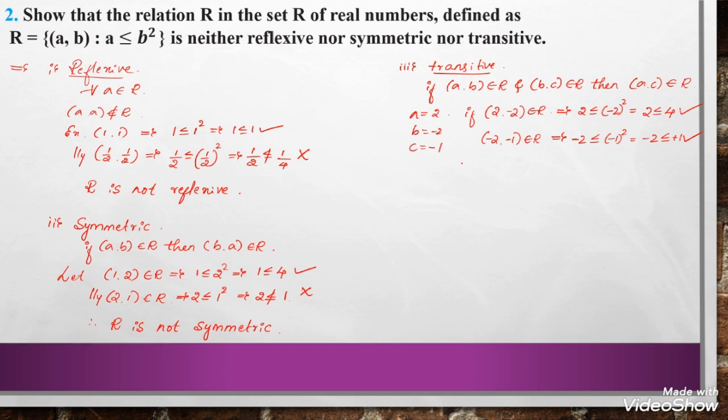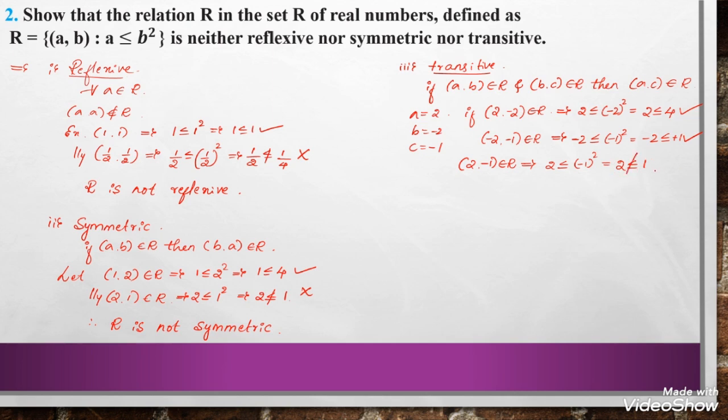So if a is related to b, then b is related to c. Now for the third one, we check whether (2, -1) belongs to R. Is 2 ≤ (-1)², that is 2 ≤ 1? No, 2 is not less than 1.